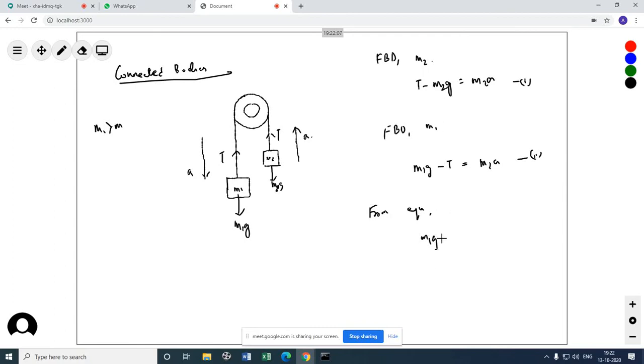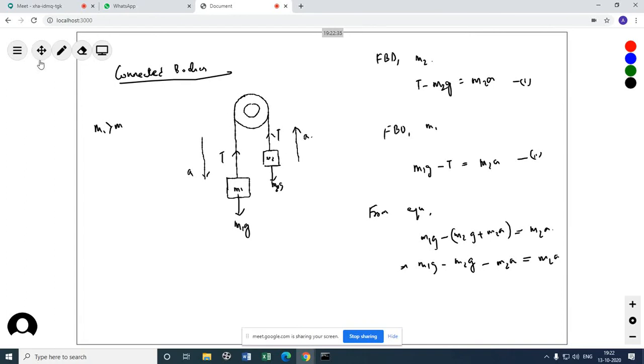So it would be M1G minus M2G minus M2A is equal to M2A.